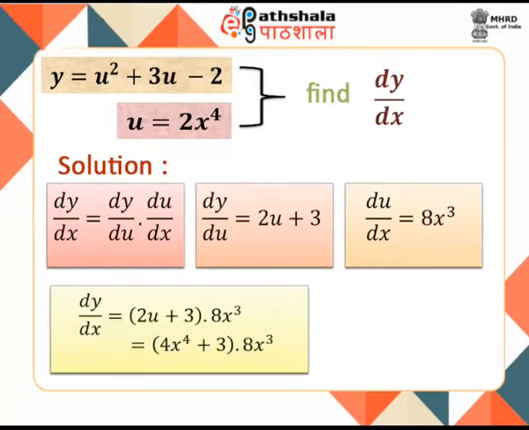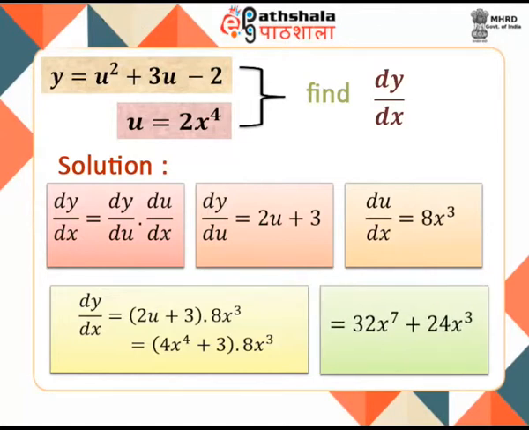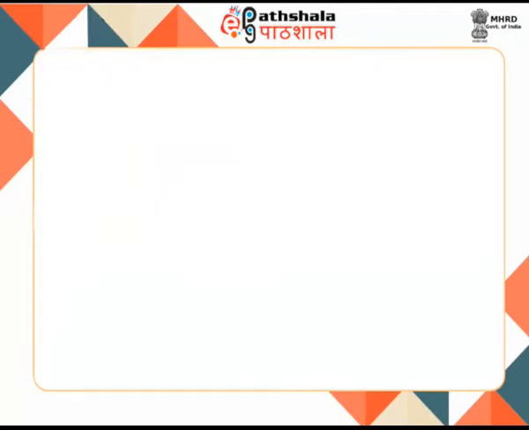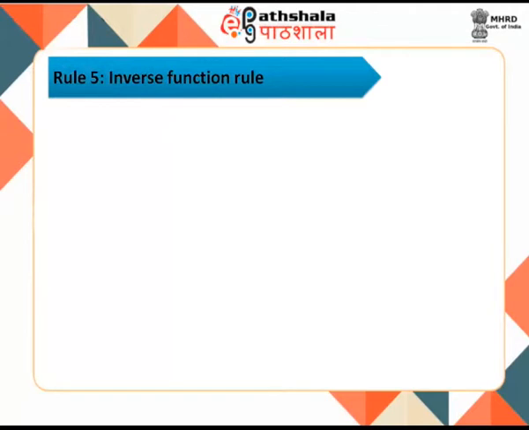Thus, dy by dx is equal to (2u plus 3) into 8x cube equal to (4x raised to the power 4 plus 3) into 8x cube equal to 32x to the power 7 plus 24x to the power 3. Next is Rule 5, Inverse Function Rule.